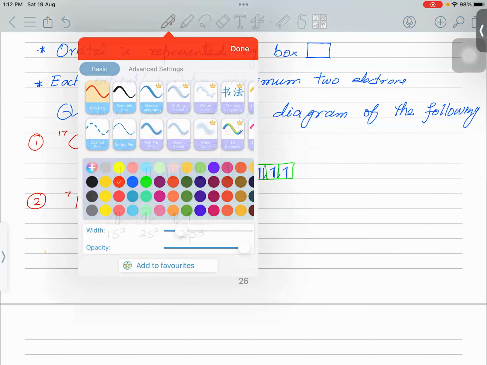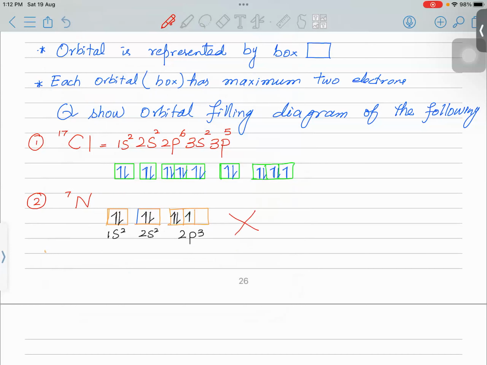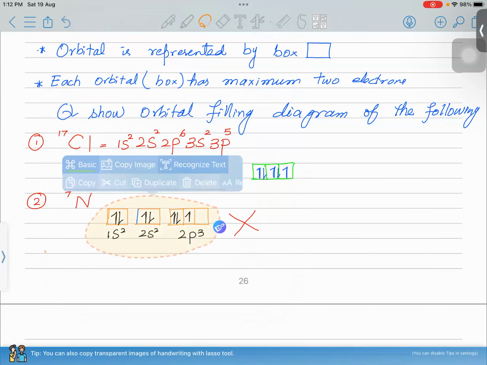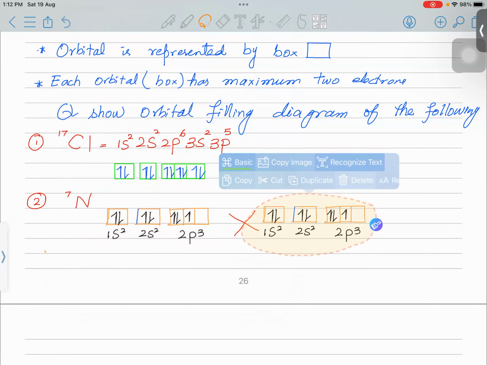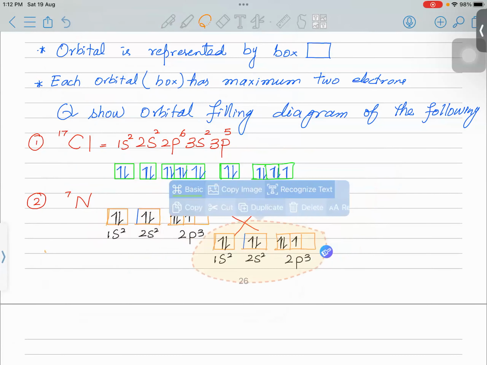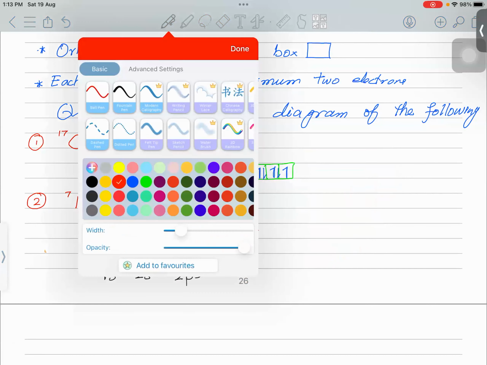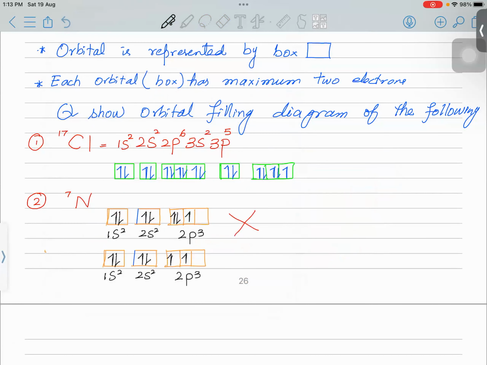Can you tell me why? This filling is wrong and this filling is correct. Always remember electron fills singly before being paired.